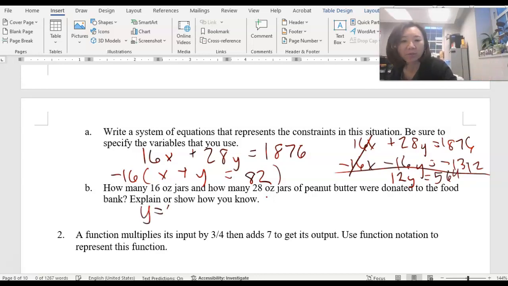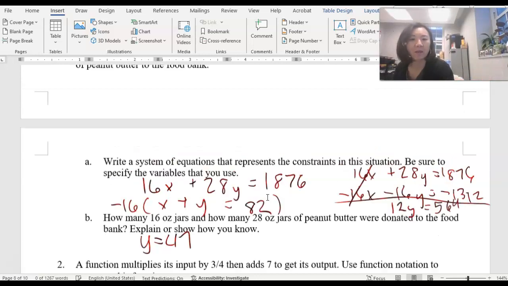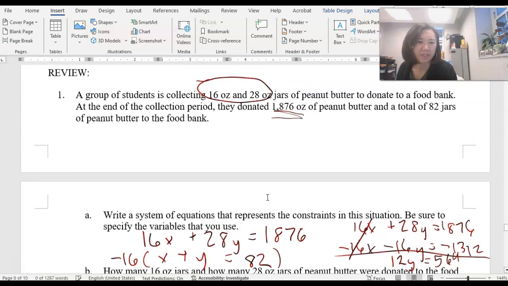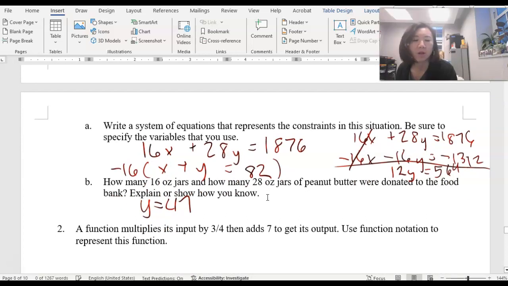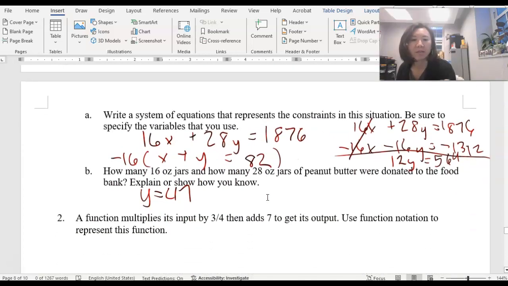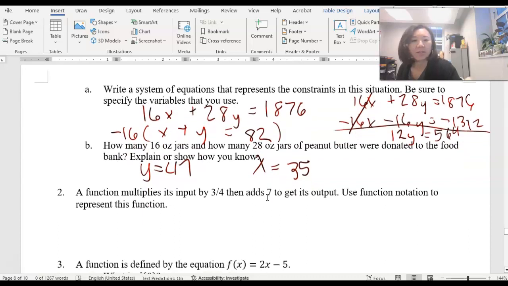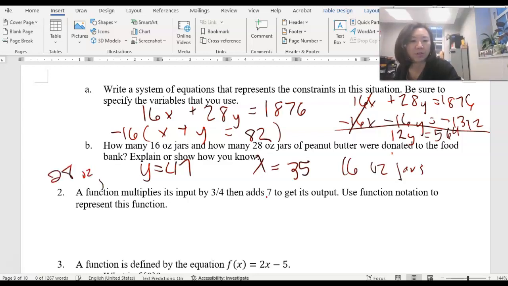So y equals 47, which means that one kind, our larger jar of peanut butter, we'll have 47 of those. And then if we have a total of 82 minus 47, that means the other one, x, equals 35. Okay, so 35 16-ounce jars and 47 28-ounce jars.